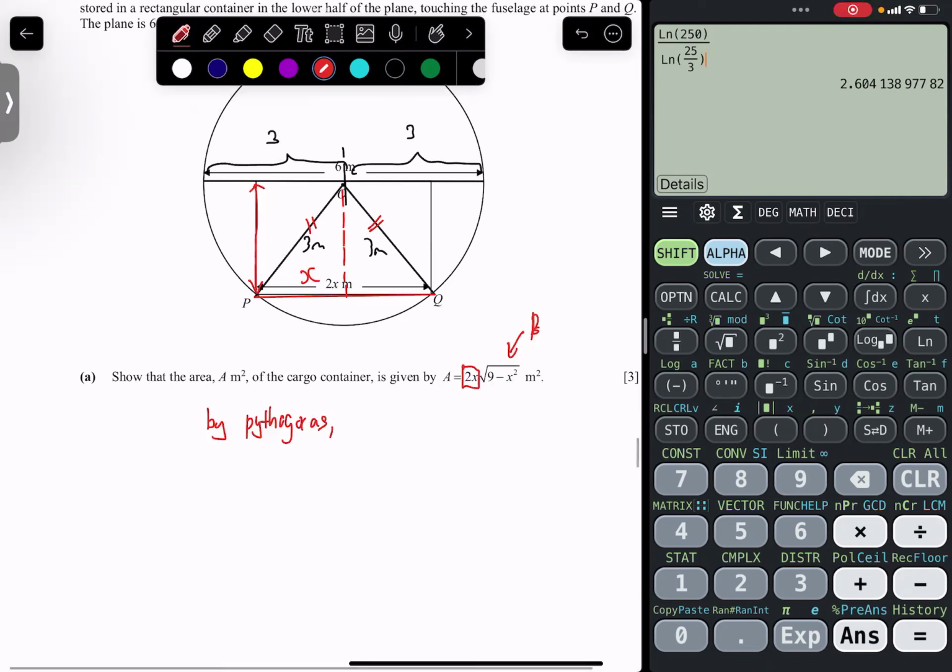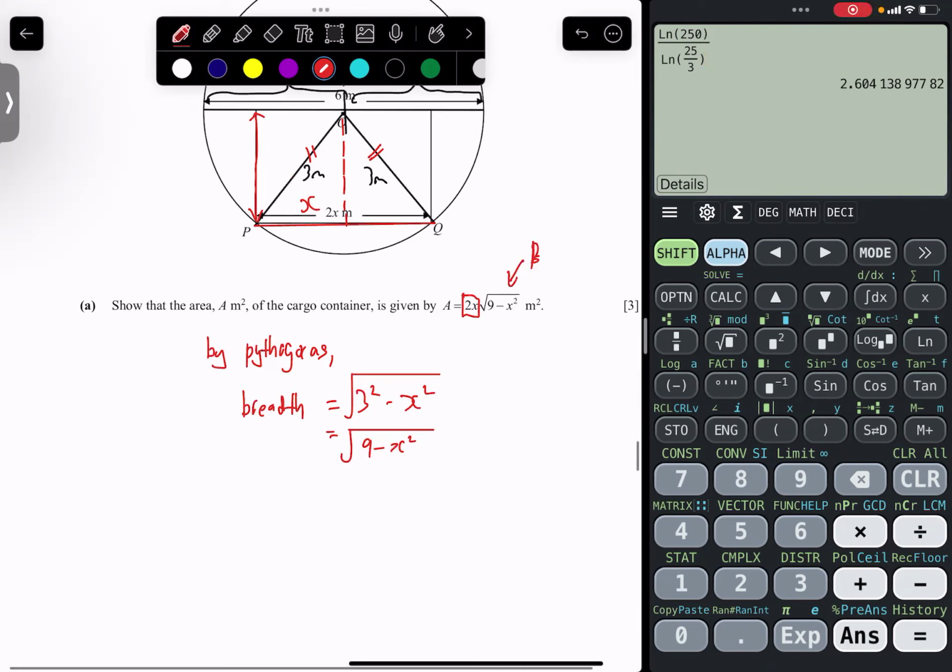We'll have the height, or the breadth, equals the square root of 3 squared minus x squared, which is the square root of 9 minus x squared. Therefore, area equals length times breadth, which equals 2x multiplied by the square root of 9 minus x squared.